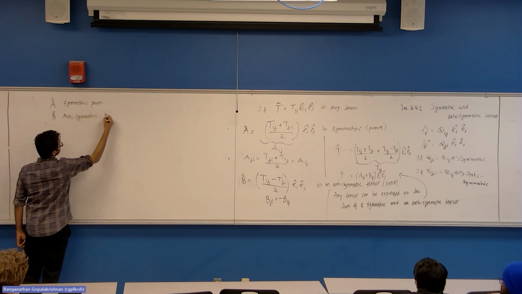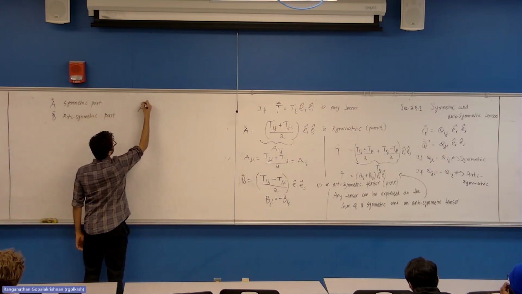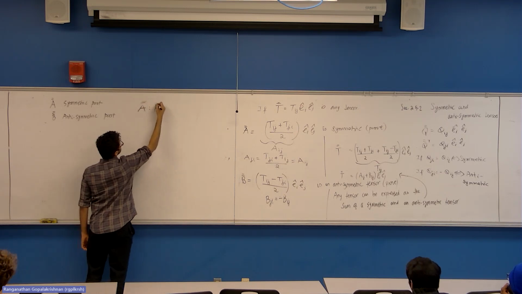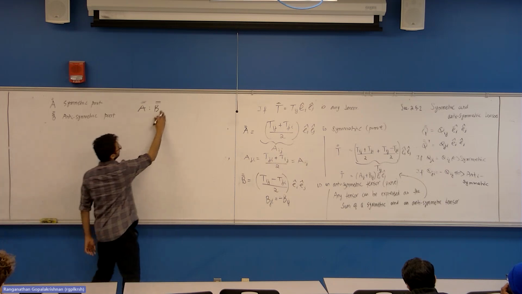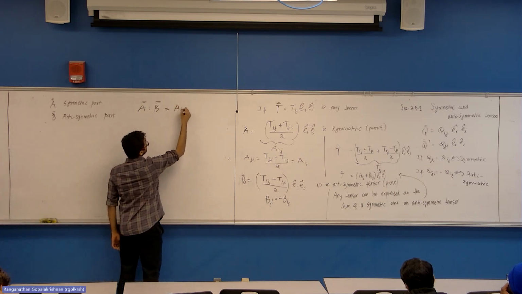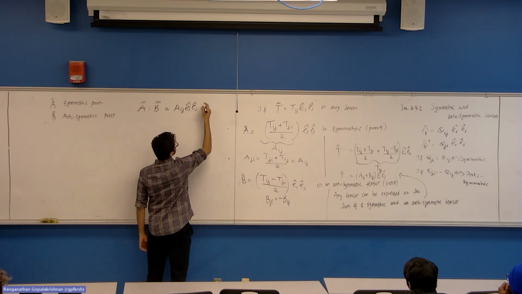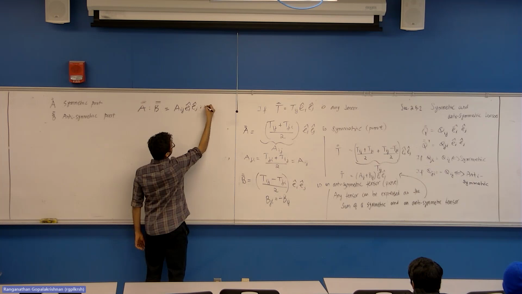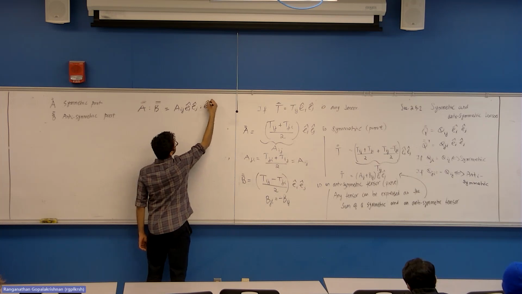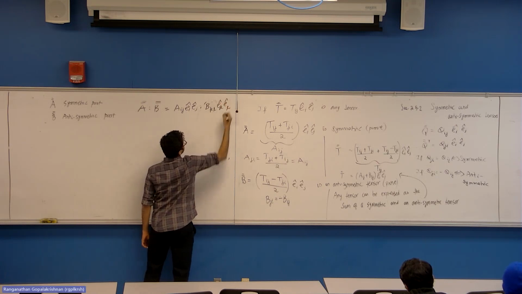An interesting property: I want you to calculate what is A double contraction B. This is short form for Aij Ei Ej, with a double dot, Bkl Ek El.